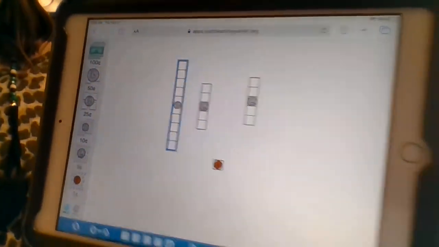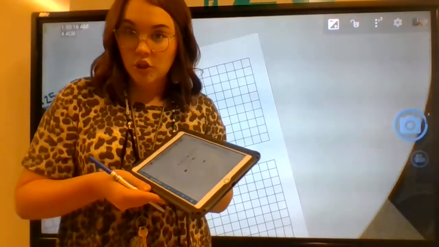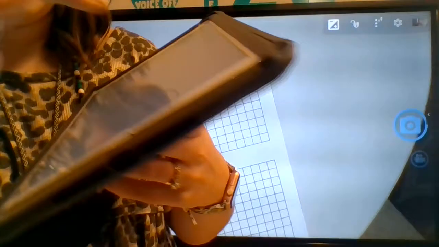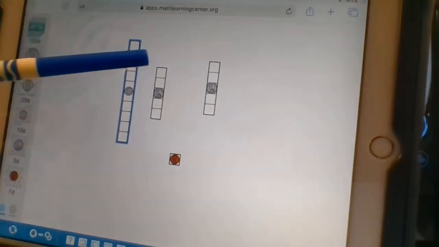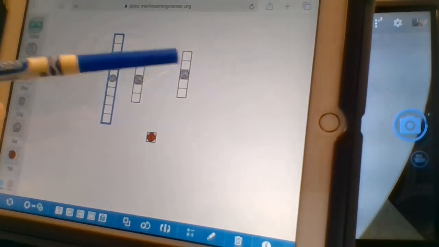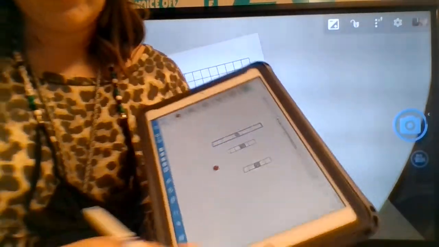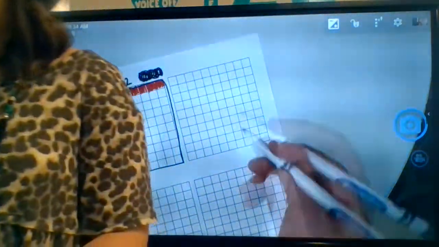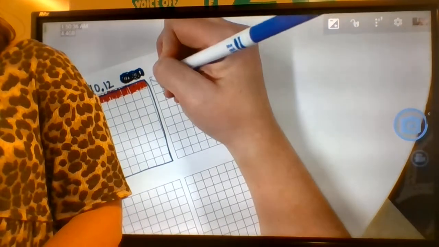So remember, if you forget how much a coin is worth, you can count the boxes behind it on this app I'm going to show you, and it'll show you how much the coin is worth. So we have a dime, 2 nickels, and a penny. So we know that a dime is 10.